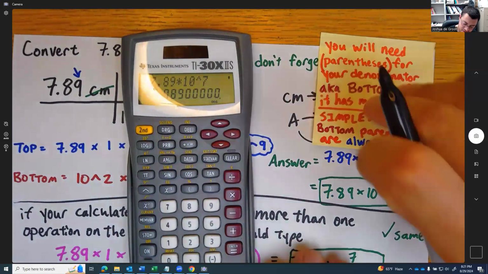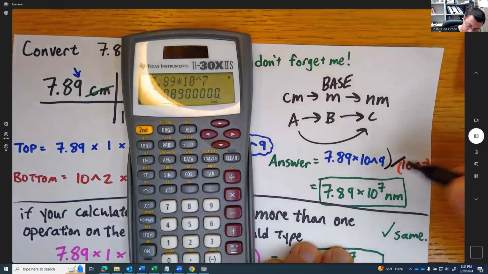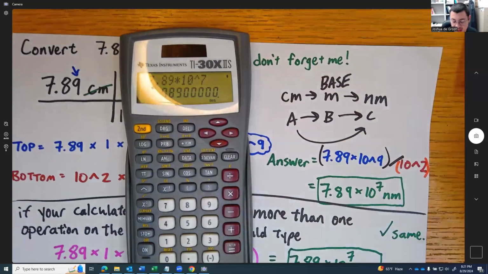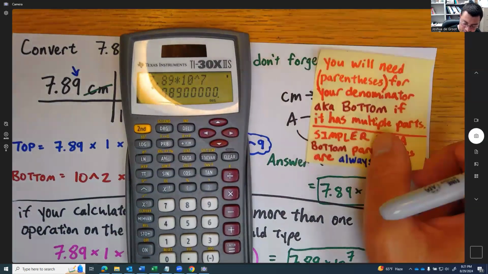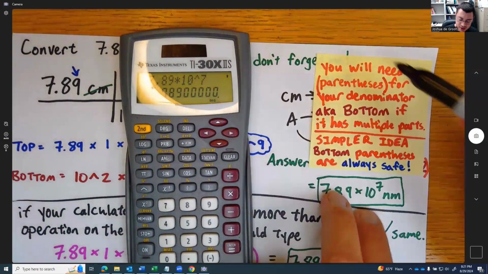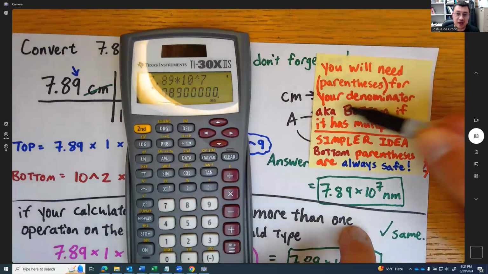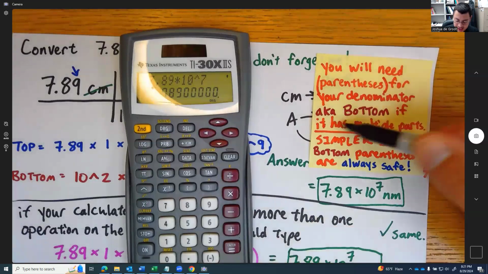Some people will ask, how about the numerator? I mean, you can put that there too, but it's not required. Okay. If you don't believe me, try it both ways in your calculator and see that you'll get the same thing. Okay. But yeah, just to read that off in case my handwriting is not winning any awards, you will need parentheses for your denominator, aka the bottom, if it has multiple parts.